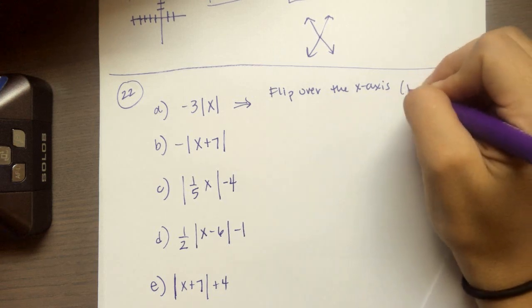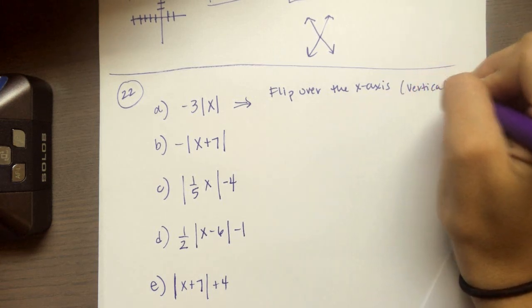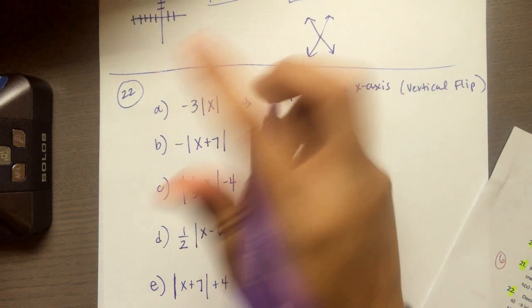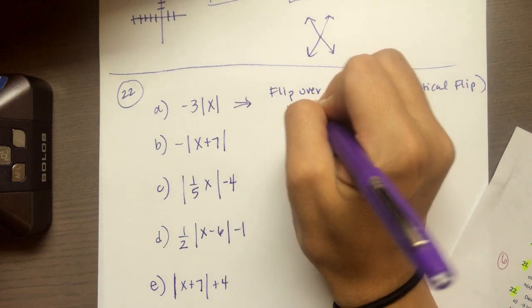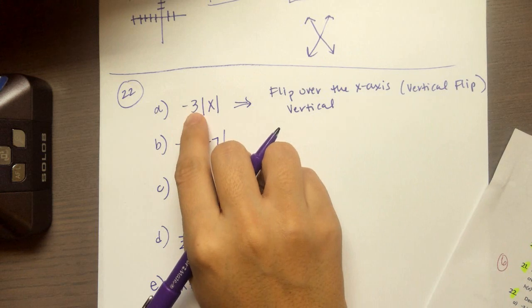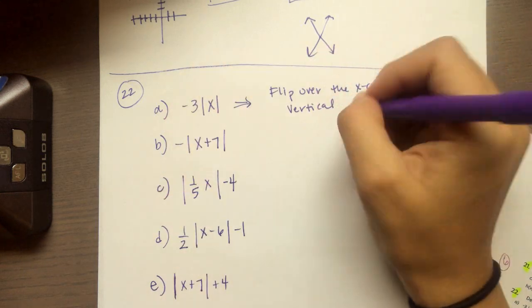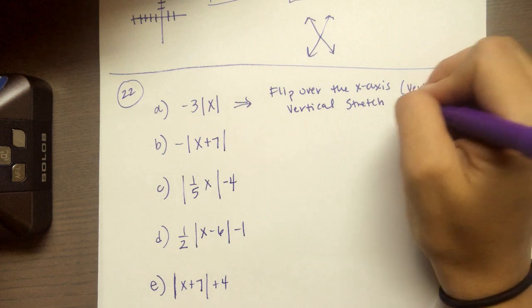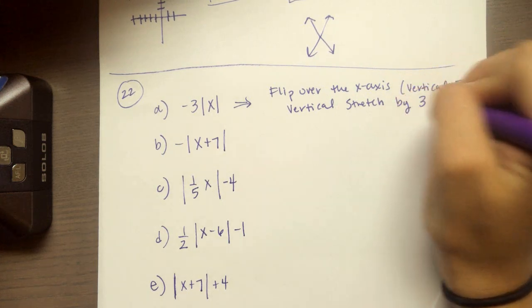That's also called a vertical flip. And then the 3 is also on the outside, so that's also vertical. It's a whole number bigger than 1, so that's a stretch, or you could say expansion, same thing, by the number 3.